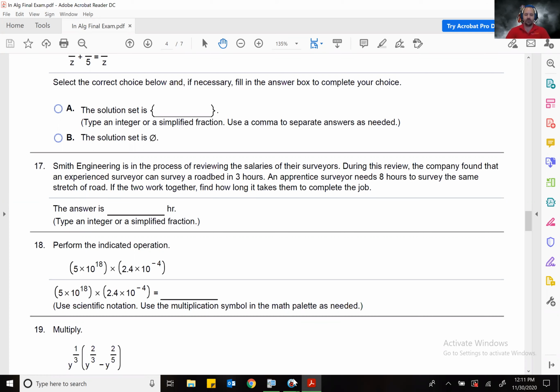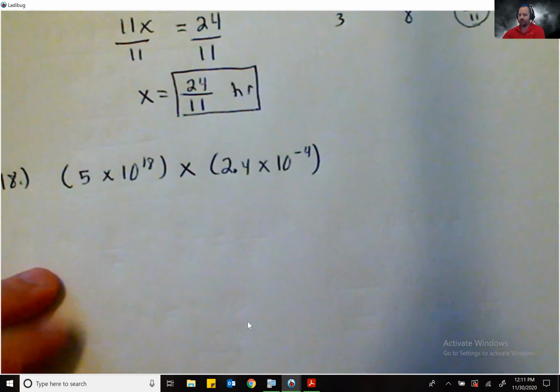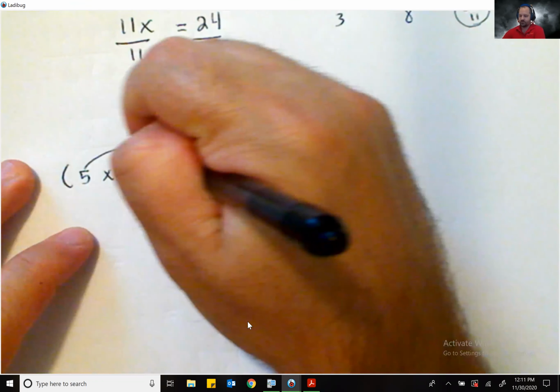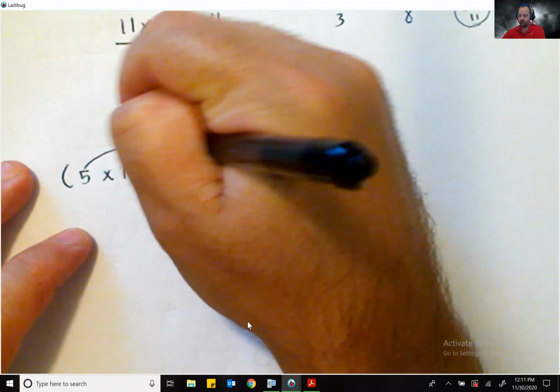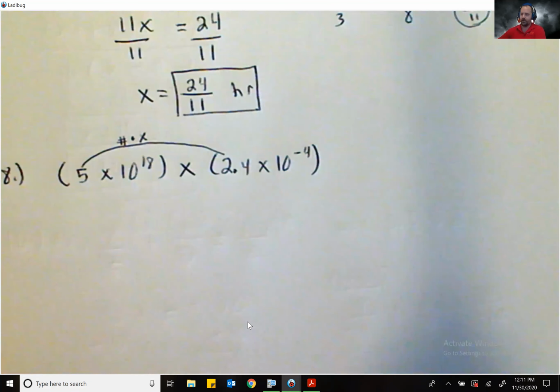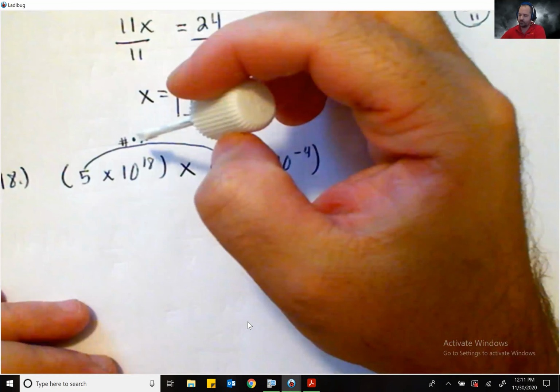The first thing you're going to do is take your numbers times your numbers. So we need to take 5 times the 2.4.